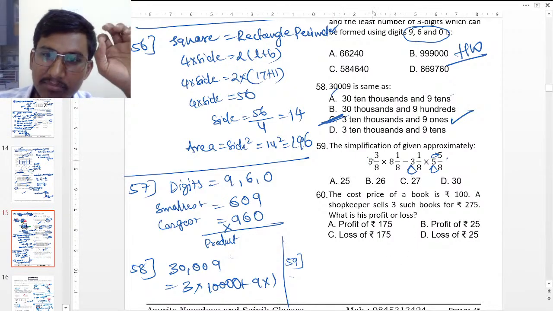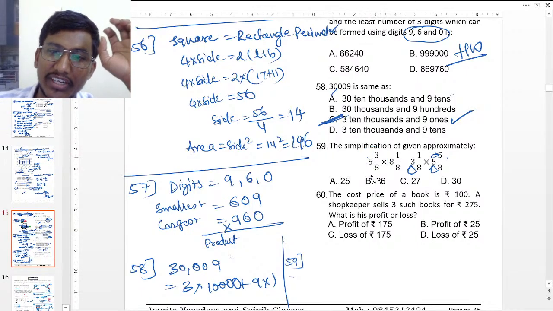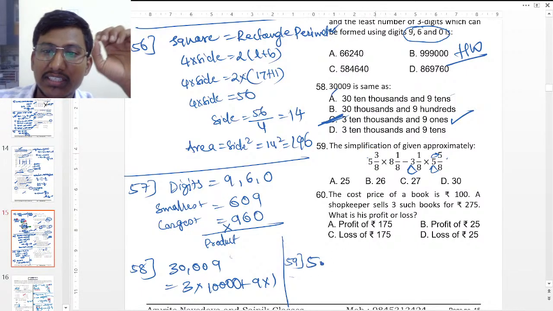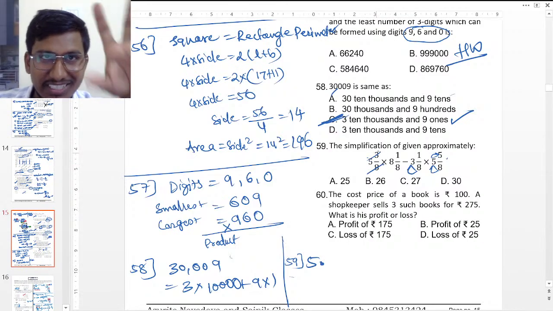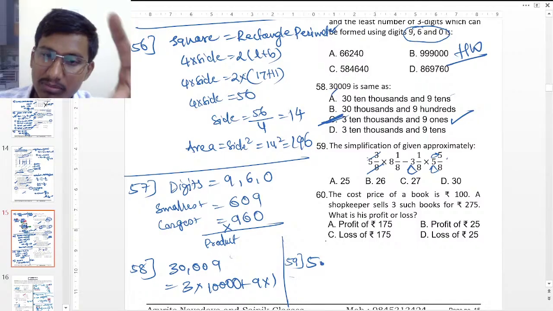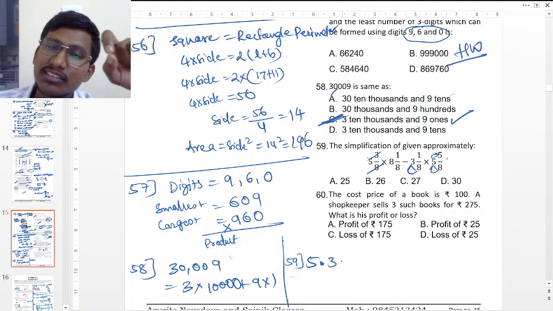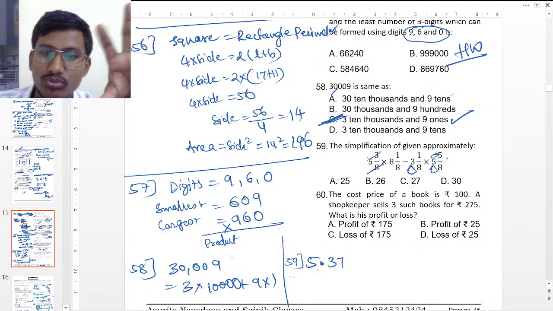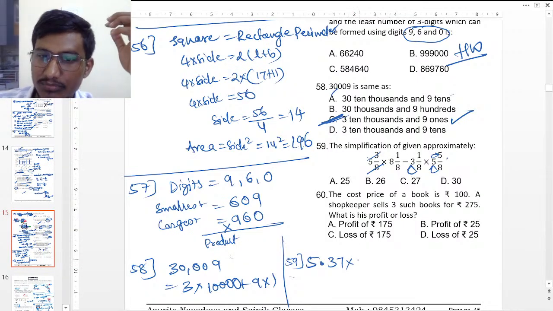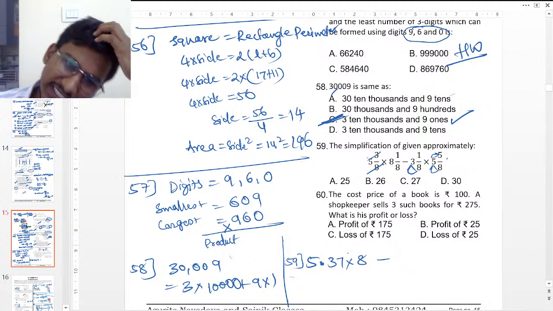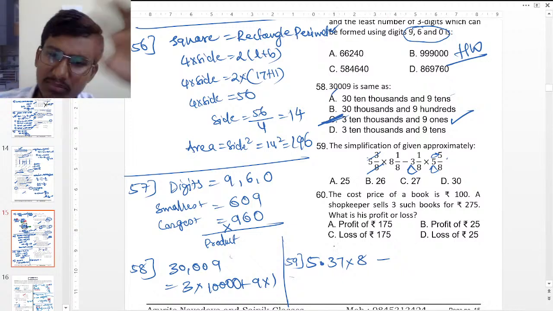So this is 5 and then 5 point something will come. How much? If you divide, 8 3s are 24, then 6 will be remaining, 8 7s are 56, so 5.37. Into here 8 point will come, or directly you can take it as approximate.